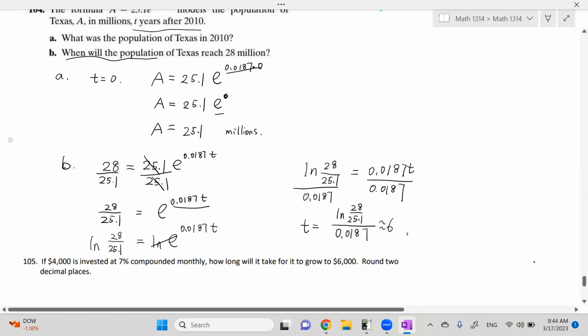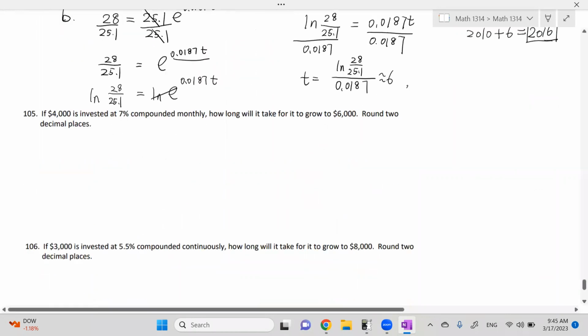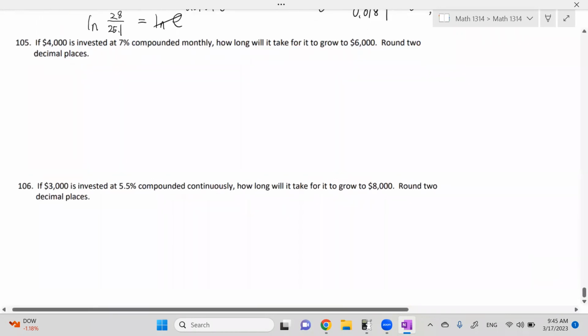And can I list the 6 there? No, it's asking which year. It's not asking after how many years. So based on the initial year, 2010, we need to add 6. So this is the year 2016. The population will reach 28 million. So the answer must be 2016.